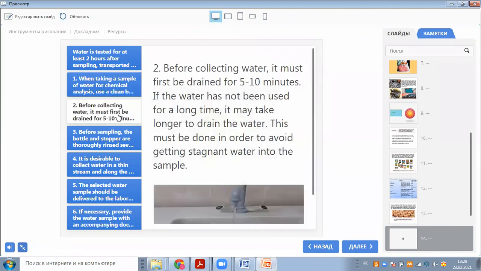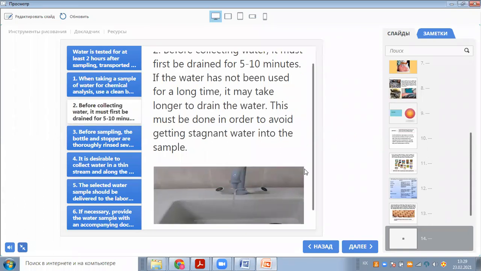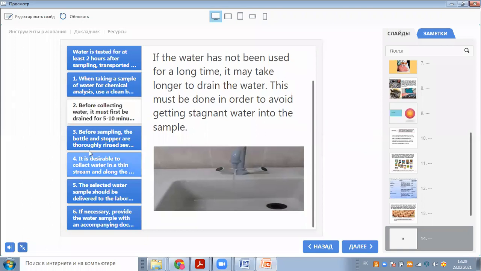Rule number 2. Before collecting water, it must first be drained for 5-10 minutes. If the water hasn't been used for a long time, it may take longer to drain. This must be done in order to avoid getting stagnant water in the samples.